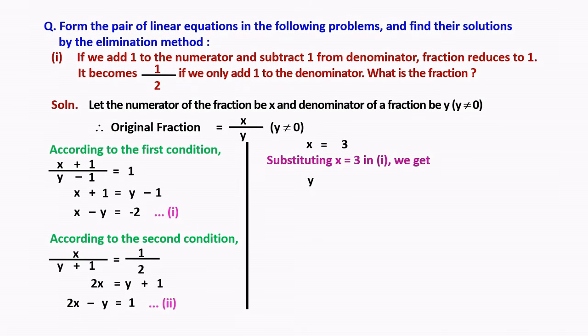This gives x equals 3. Now, substitute x equals 3 in the first equation. 3 minus y equals minus 2. So, y equals 5. Therefore, the fraction is x by y, which is 3 by 5. So, the required fraction is 3 by 5.